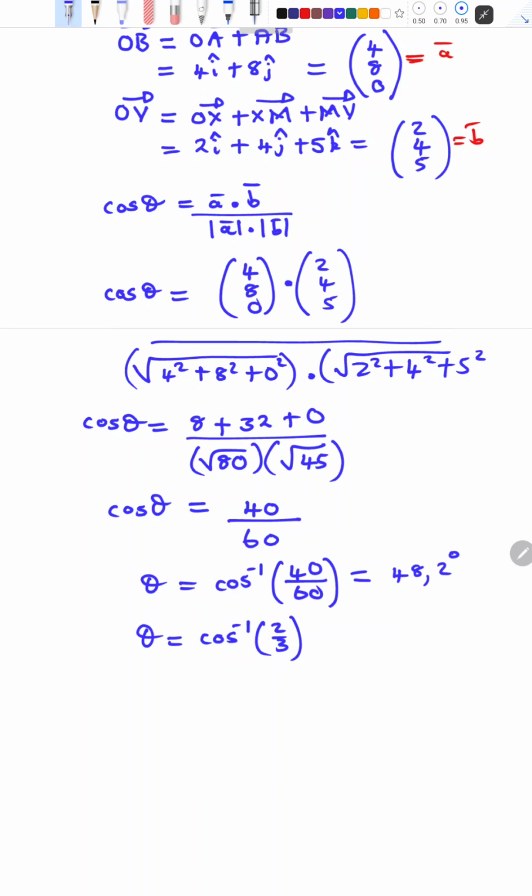Right. So if they want the exact cosine of the angle, you simply leave your answer as cos theta is equal to 2/3. Then you don't put arc cos on the right side. Then you are home and dry.